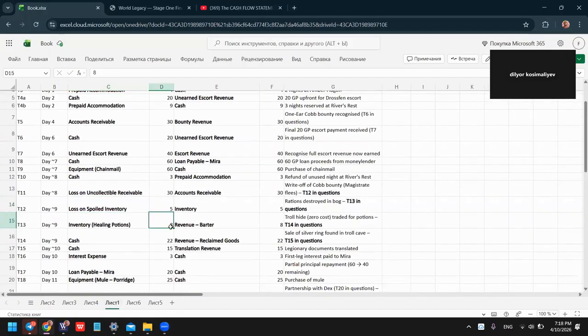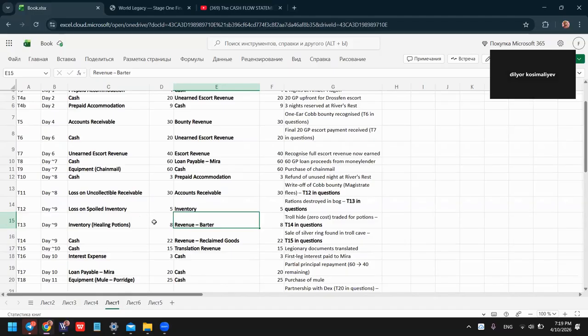Here, this one, revenue on barter. So this one, 8, is kind of the profit that we got from the sale, from the exchange, right? But it was not a direct cash profit.